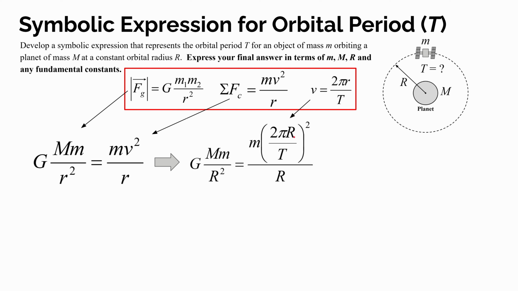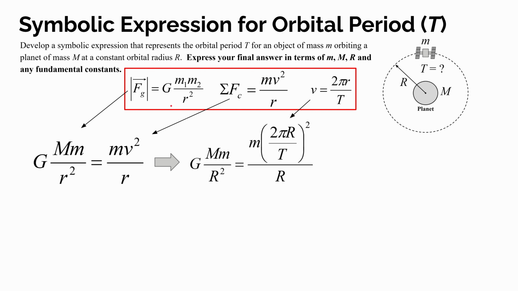And we're going to use capital R because that is the orbital radius. It was given to us that's what capital R represents. So we're going to put in capital R there. And because the distance between the center of the planet and the satellite is also capital R, and that's also the orbital radius, we're just going to replace the lowercase r with capital R's, since that's what was given in the problem.